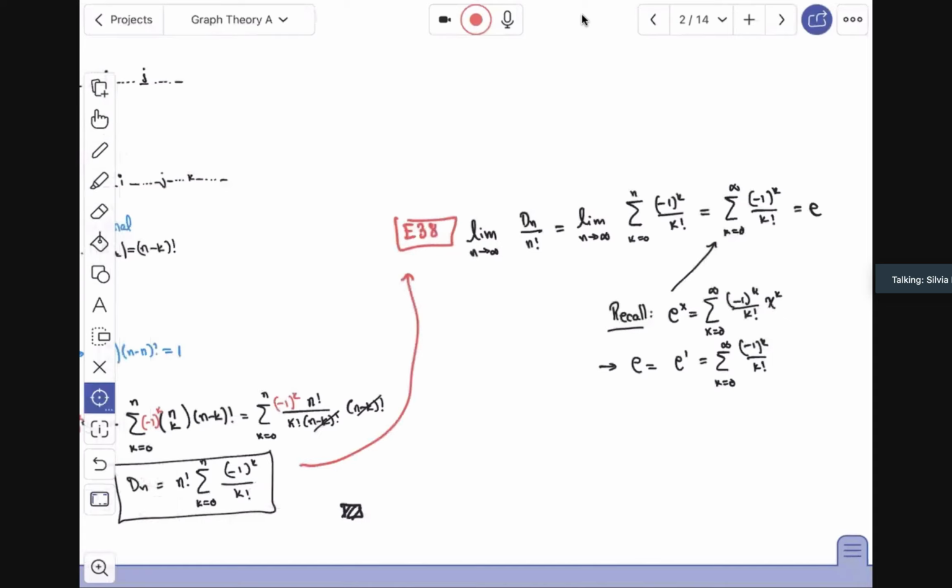This is telling you that Vn grows very similarly to n factorial, just by a factor of e. For many people in combinatorics, depending on what you do, this is an important fact to estimate how big the derangement numbers are. So now you know that E36, E37, E38 are not in the quiz for extra credit.